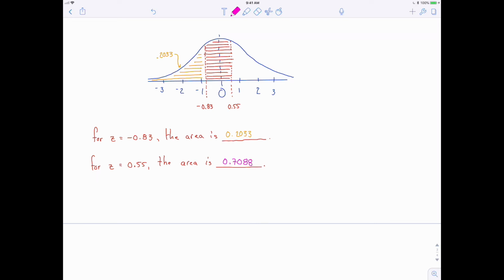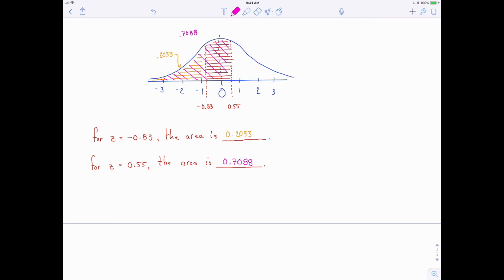Now, what that means, according to the picture, is that's everything. It's the orange, it's the red, and we're representing it with this pink color. So all of my pink is 0.7088. Now, I don't want the orange area. I don't want the pink area. What I want is the red.